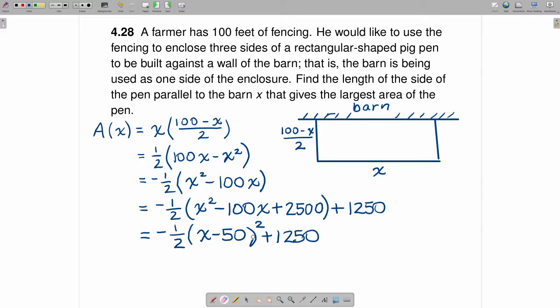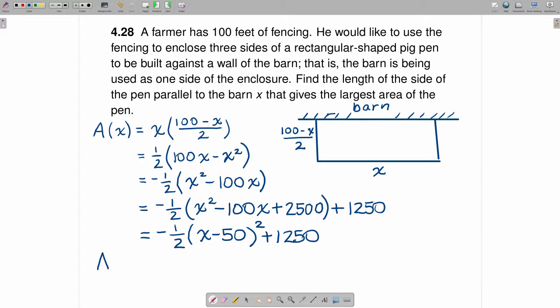So now is a good time to think a little bit about this equation. What this says is that the area is equal to 1250 minus some amount here. If we want this amount that is being subtracted off to be as small as possible, the smallest this amount can get occurs when x is equal to 50.